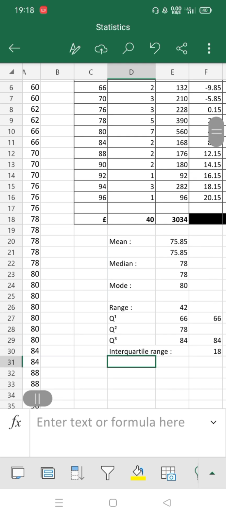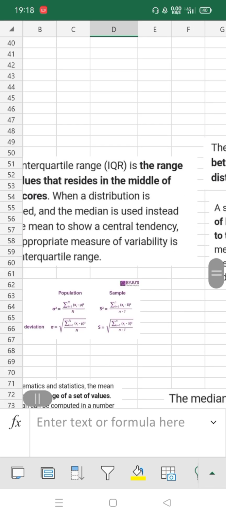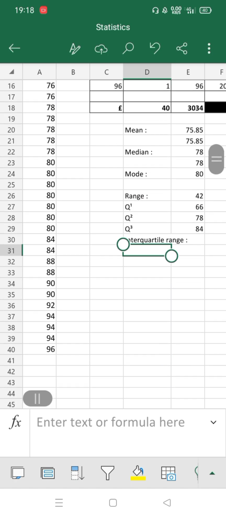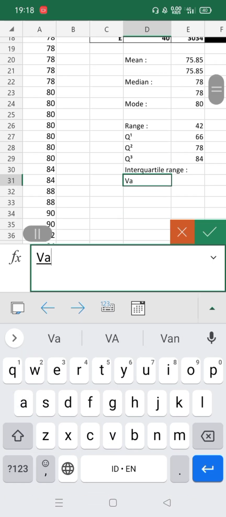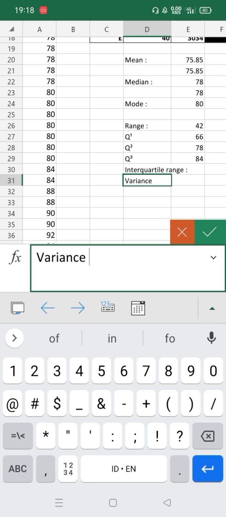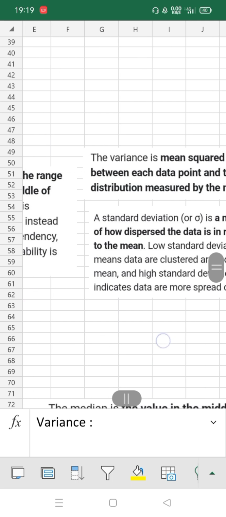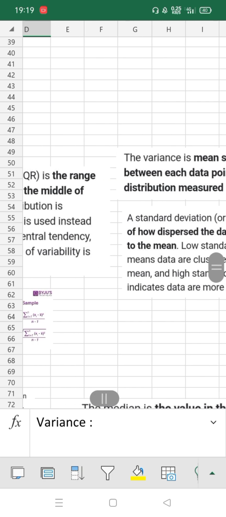Alright, and what should we look for next? The last thing we have to look for is the variance and the standard deviation. First, variance. For you guys who are still wondering what variance is, the variance is the mean squared difference between each data point and the center of the distribution measured by the mean.